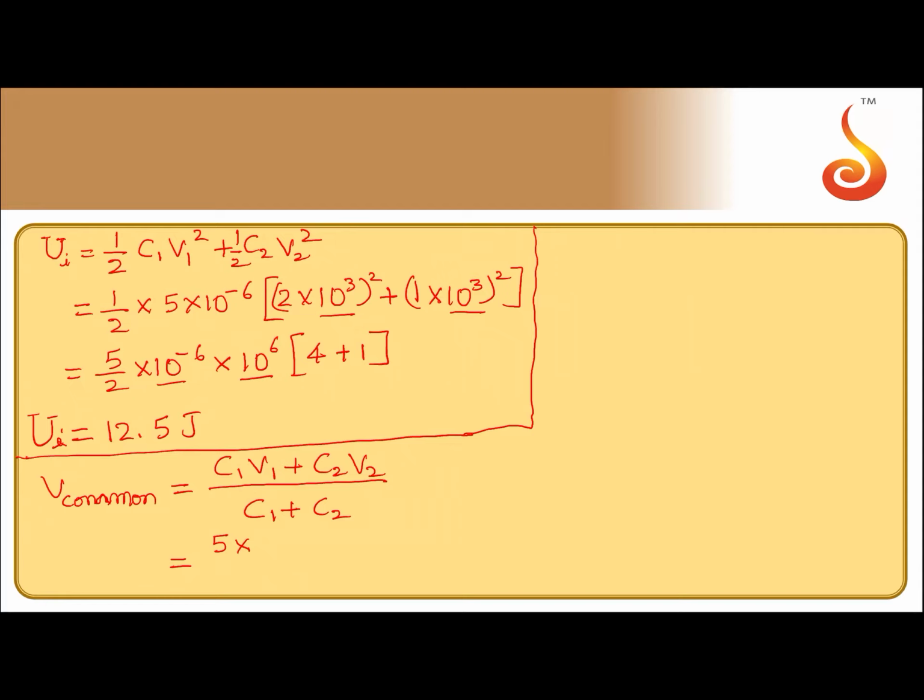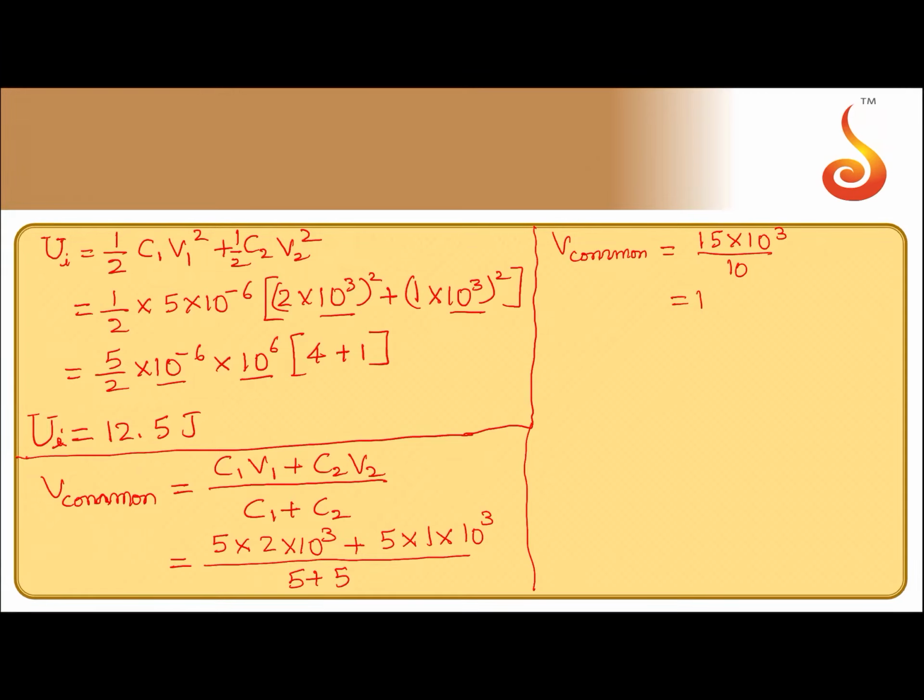V1 is 2 into 10 power 3 plus 5 into 1 into 10 power 3, divided by 5 plus 5. So, what do you get? V common is equal to 10 plus 5, 15 into 10 power 3, divided by 10, that will be equal to 1.5 into 10 power 3 volt. So, this is the common potential.